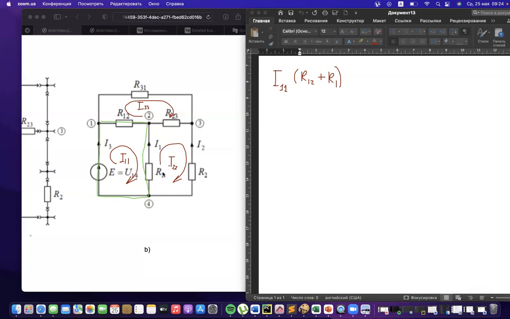It will be additional current I22 with a negative sign because the direction is opposite. Current 1 will flow from point 2 to point 4, but current 2 will flow opposite, from point 4 to point 2. That is why it will be with minus R1. And also the third current, I33, also with minus on the resistor R2.